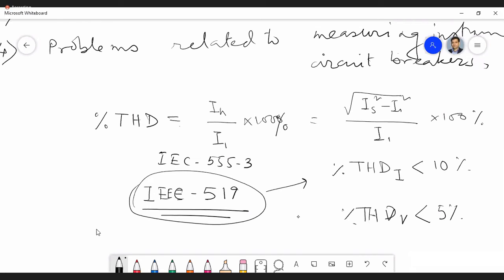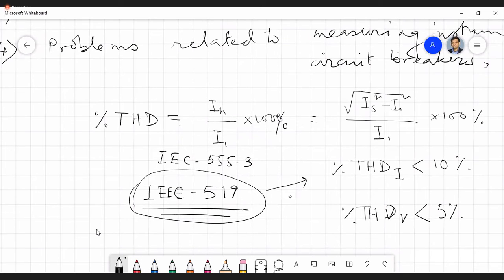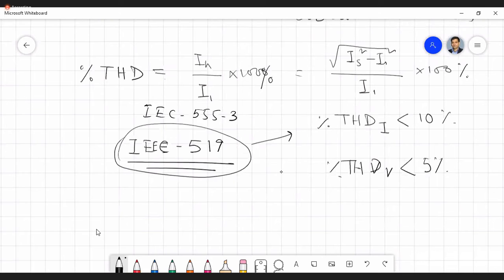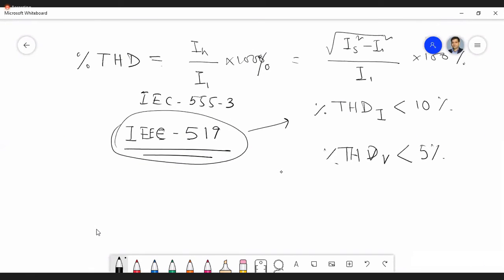So that is for the individual component of harmonics. Standards are there already, and nowadays with some devices, the manufacturer mentions how much maximum THD can be there when it functions.